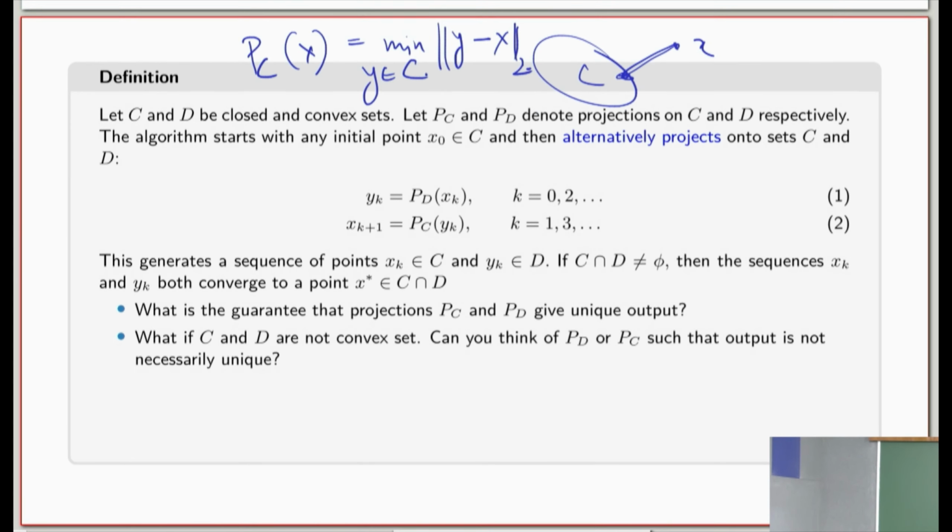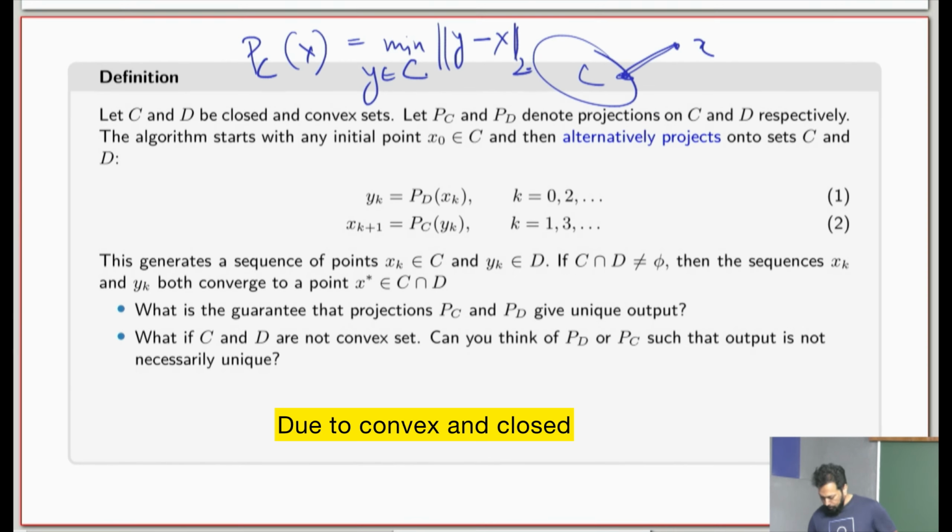You may take this as an exercise that if C is a convex set, then the minimum point that you are looking for from the set C, over which this distance gets minimized, will exist and it will be unique. That's happening because of the convexity. So there is a guarantee.